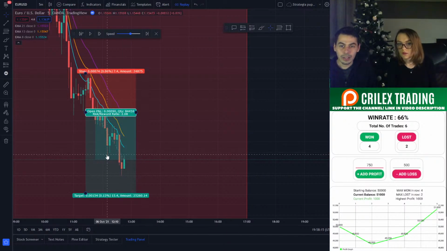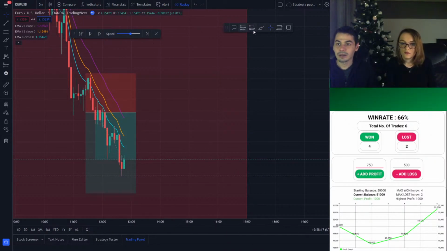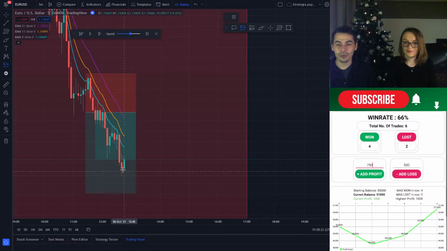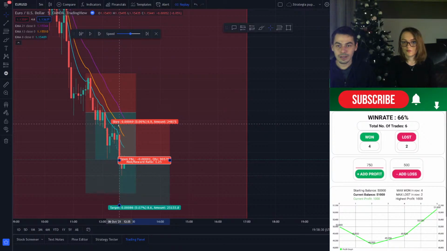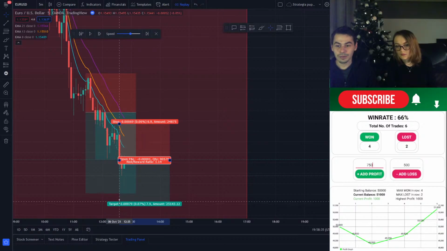I think the scaling here. Actually, yeah, sorry. There's a scaling. I missed this one. This is a nice trend because it keeps on tapping the DMA, so we have lots of opportunities to enter positions here, like this one, and it's this candle, right? Stop loss, and the take profit should be right here.